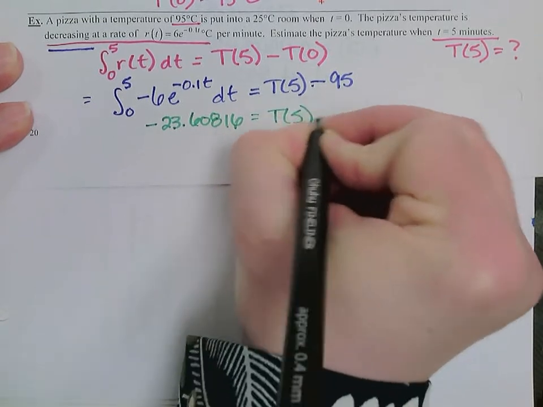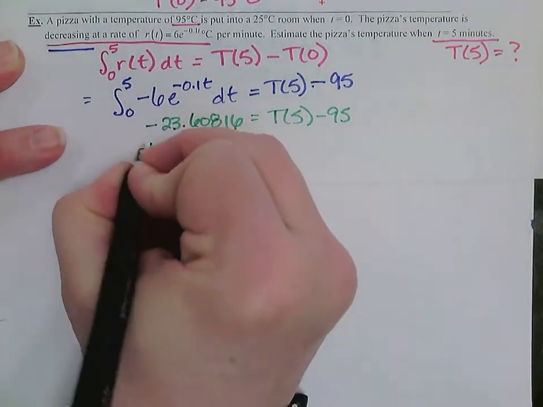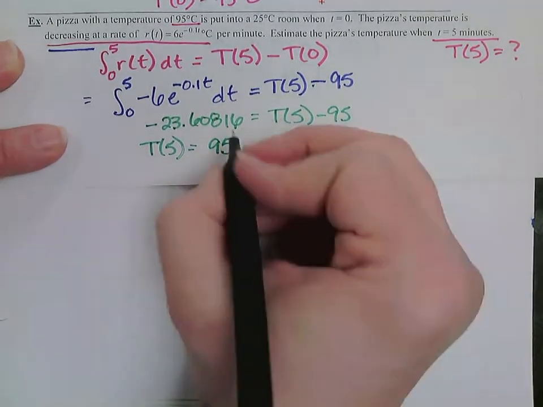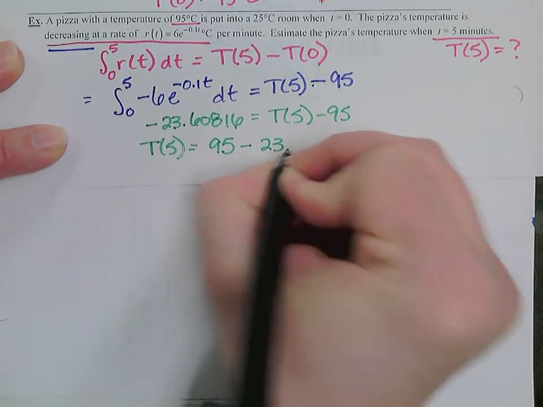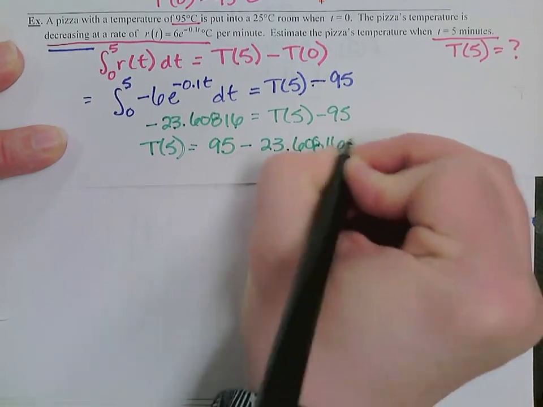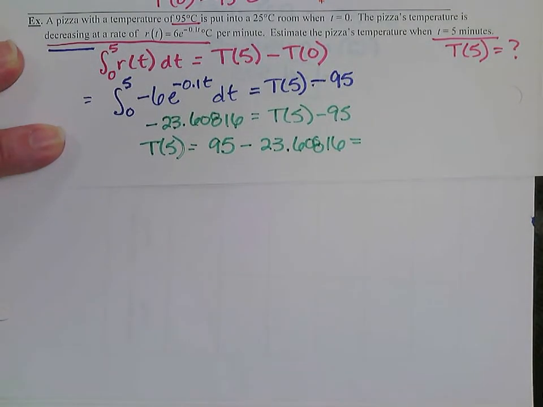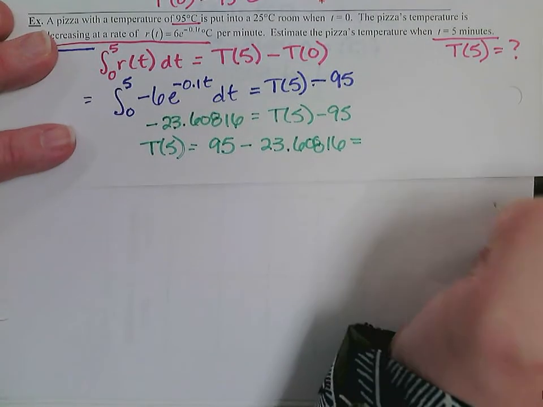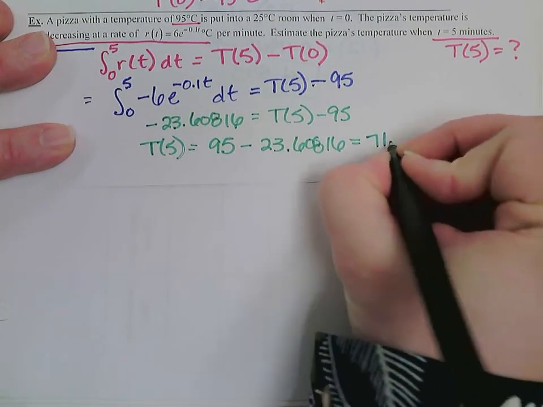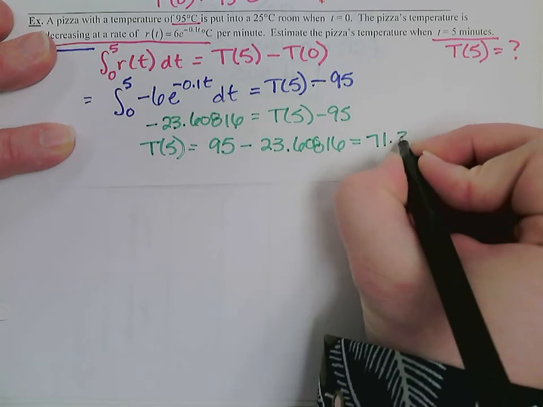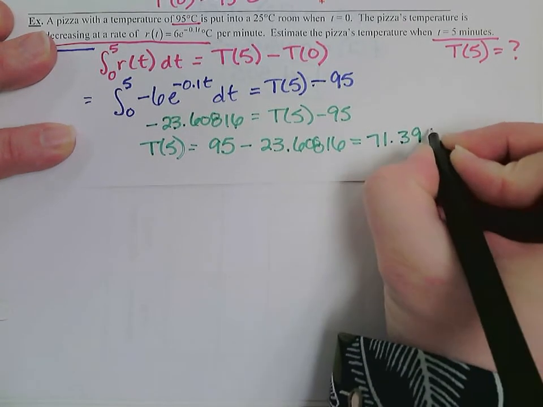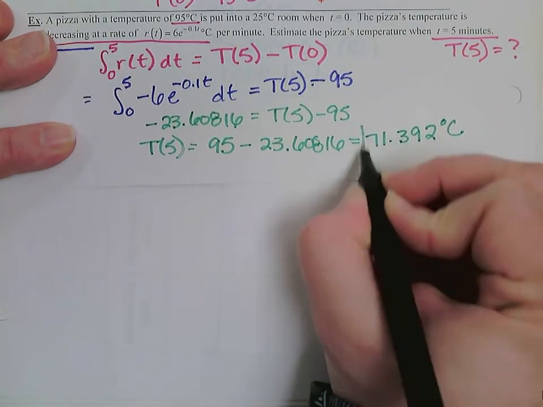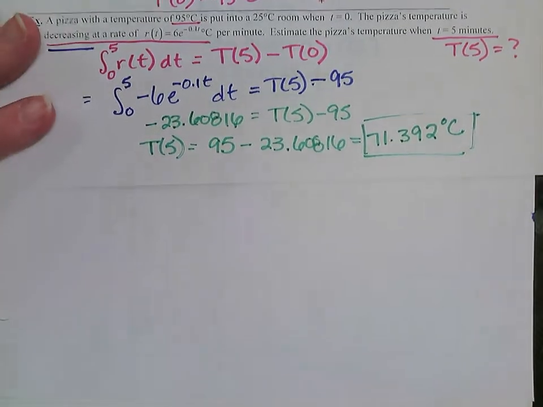Which means that if we started at 95 degrees and we lost 23.60816, then in 5 minutes the temperature will be 71.392 degrees Celsius. You could also put 71.391 if you truncated instead of rounding.